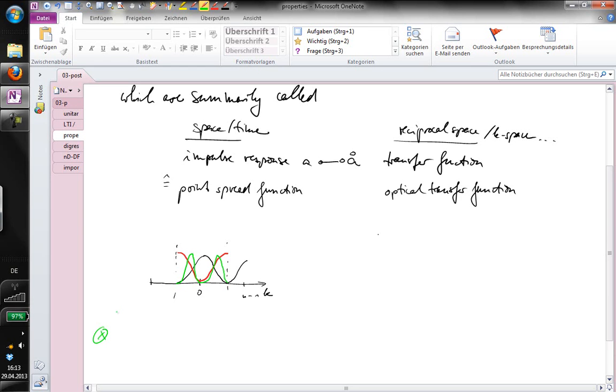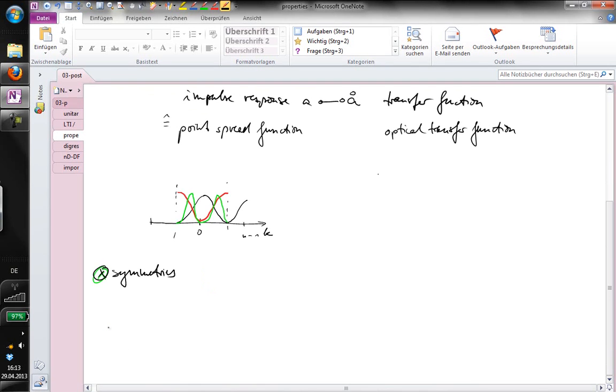Next, I want to look at the symmetries. When you implement these things yourself, it's always important to distinguish if you have an even or an odd length of your signal. I'm helping myself with tiny pictures like these.